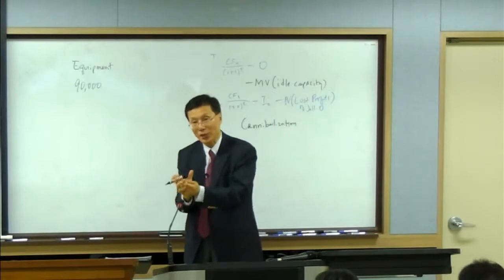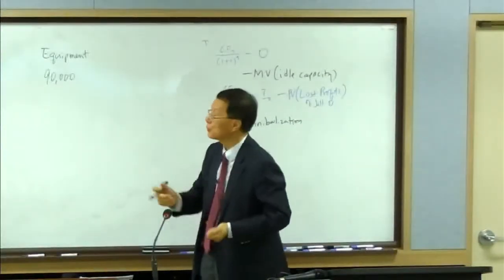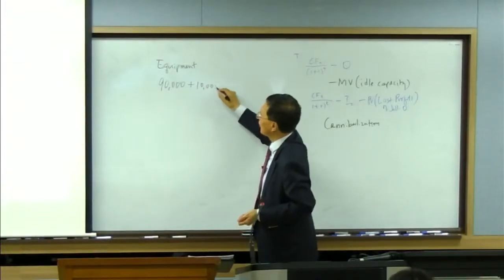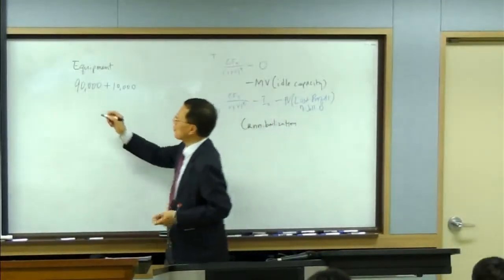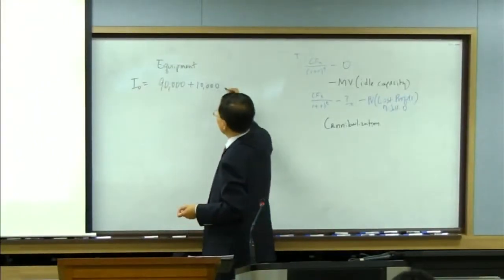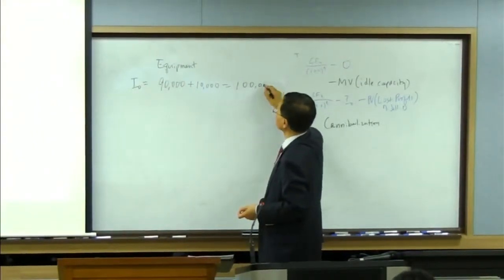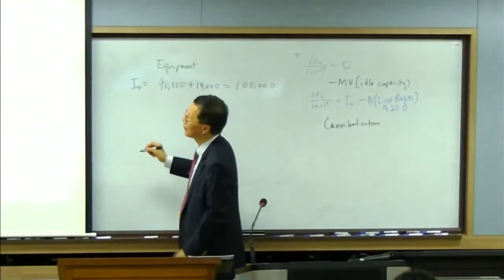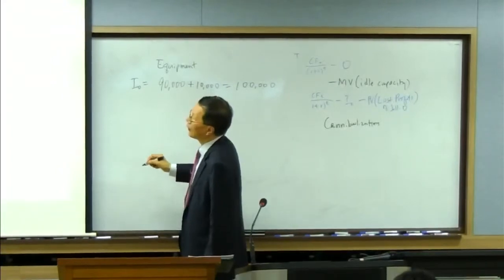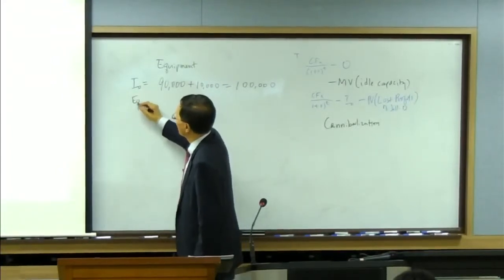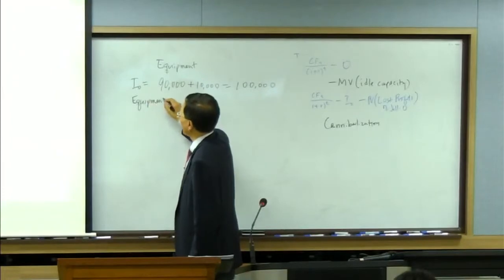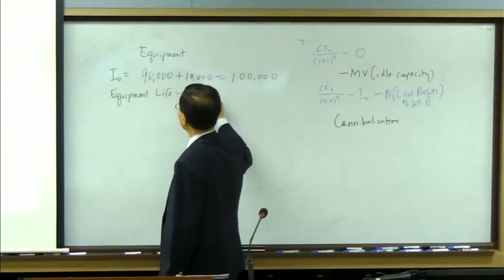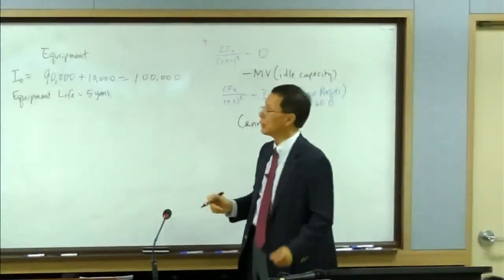And before installing, you have to get it delivered to you, and delivery and installation costs are $10,000. So the initial cost is $100,000. Equipment life is 5 years, and it will be depreciated by straight line.